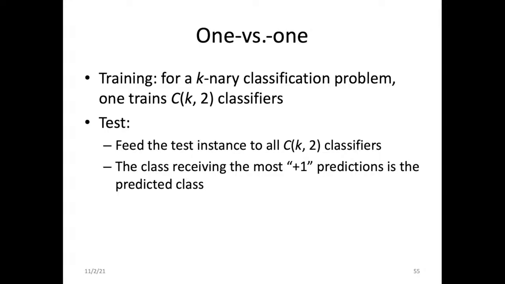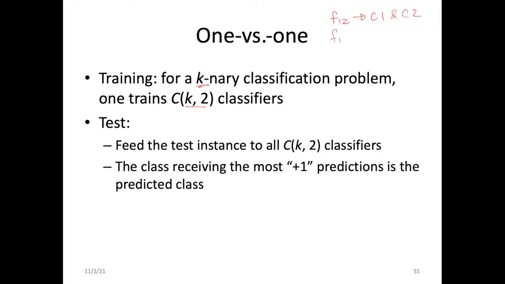The next strategy is called one versus one. Again, if we are dealing with a k-ary classification, we have k classes. Then we build k choose 2 classifiers. The first classifier, let's use F12 to denote, is used to distinguish class 1 and class 2.